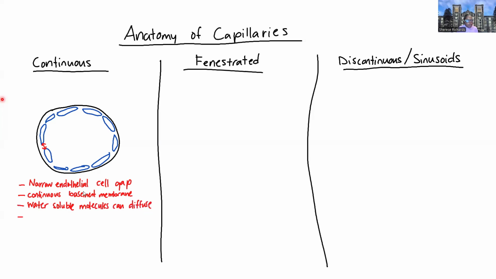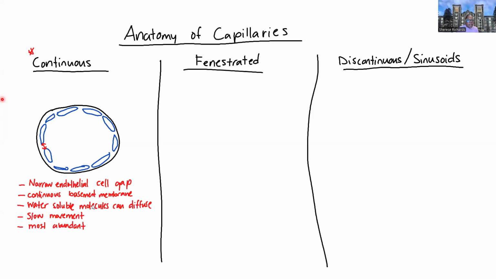And then the type of movement that we have here is slower, so slow movement as molecules pass through those spaces. We also want to remind ourselves this is the most abundant, so the most common. And so we're going to find this in many, many places throughout the body. It's the most abundant, so I won't list any specific examples.